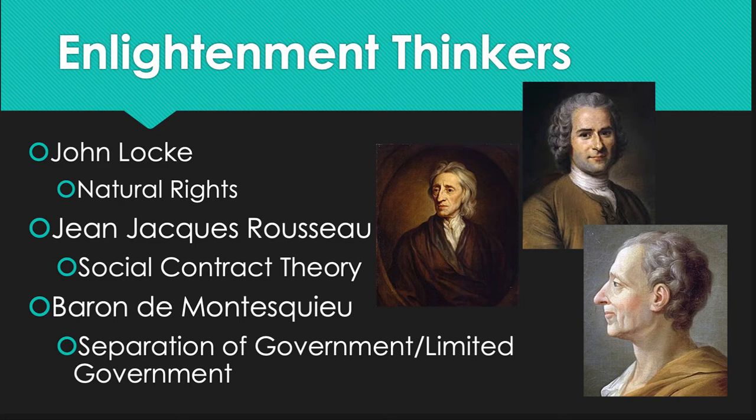And because you are a living, breathing human being, you have these natural rights. Another Enlightenment thinker that heavily influences the colonies is Rousseau with the social contract theory. And this is incredibly interesting. Rousseau stated that there is a social contract between the people and their government. And that social contract was that the people agreed to give up certain rights to their government to allow that government to govern.